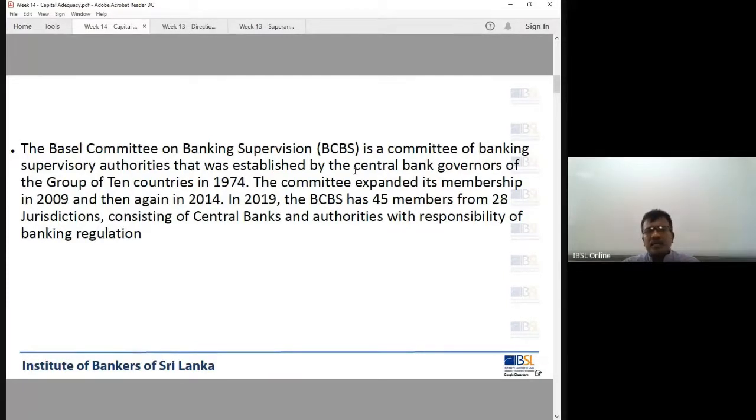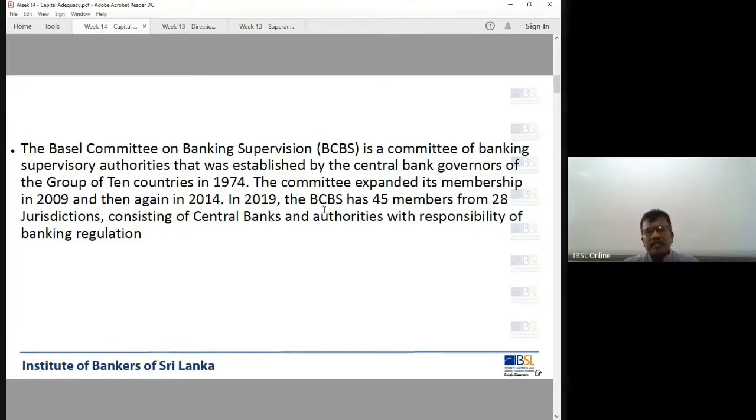That was established by the central bank governors of the Group of 10 countries in 1974. That's where the Basel Committee started, with 10 governors of central banks. The committee expanded its membership in 2009 and then again in 2014.